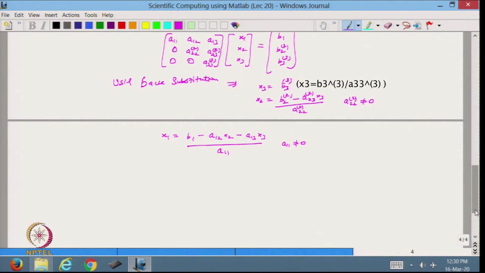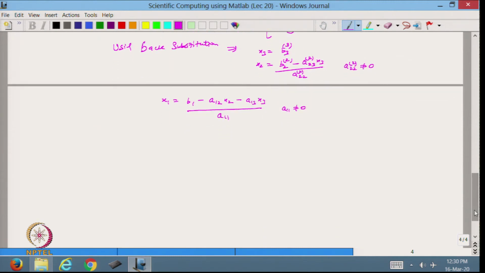So, this is called the Gauss elimination method. We have done this one for a 3 by 3 matrix, and the same way we can go for an n by n matrix.